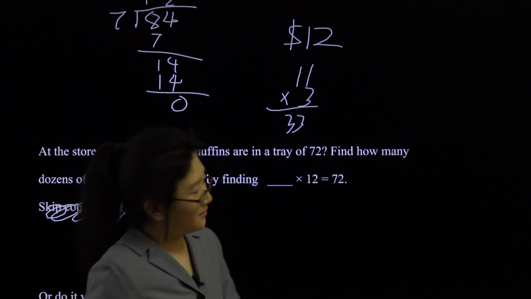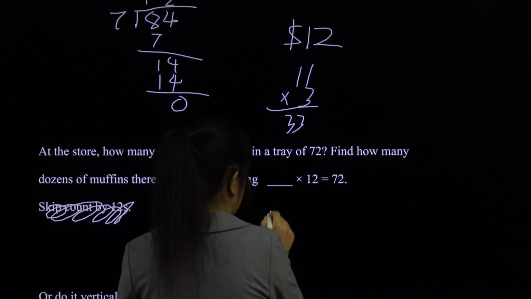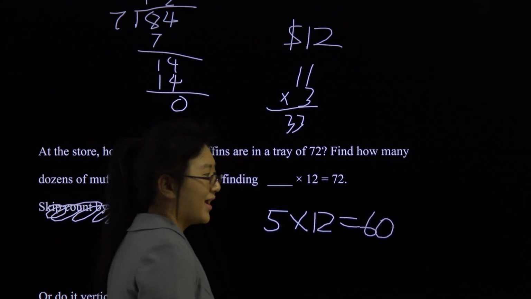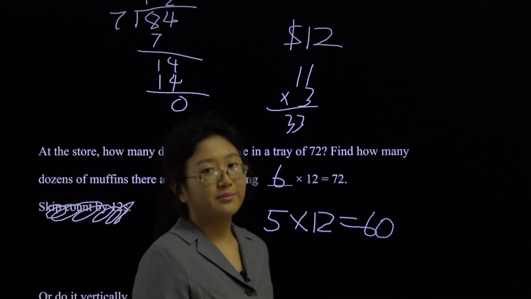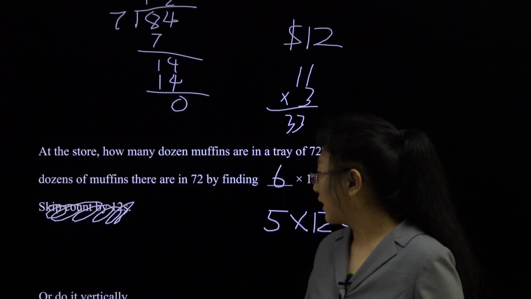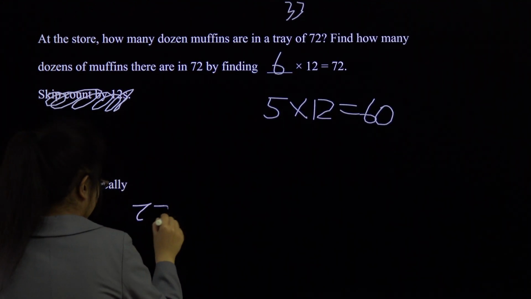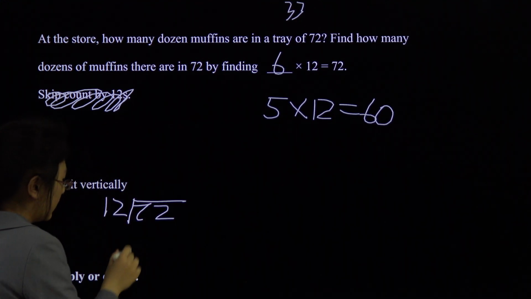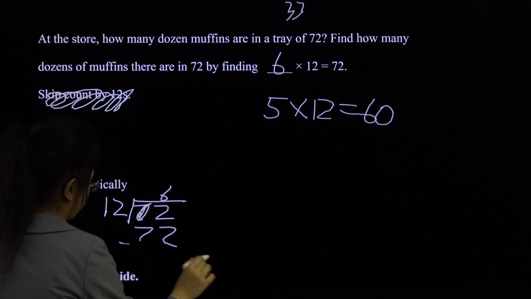But let me tell you something. After a few years of math, you start remembering that 5 times 12 equals 60. Yeah, 6 times 12 equals 72. If you want to do it vertically, you would get 72 and 12. And eventually you'll end up with 6.